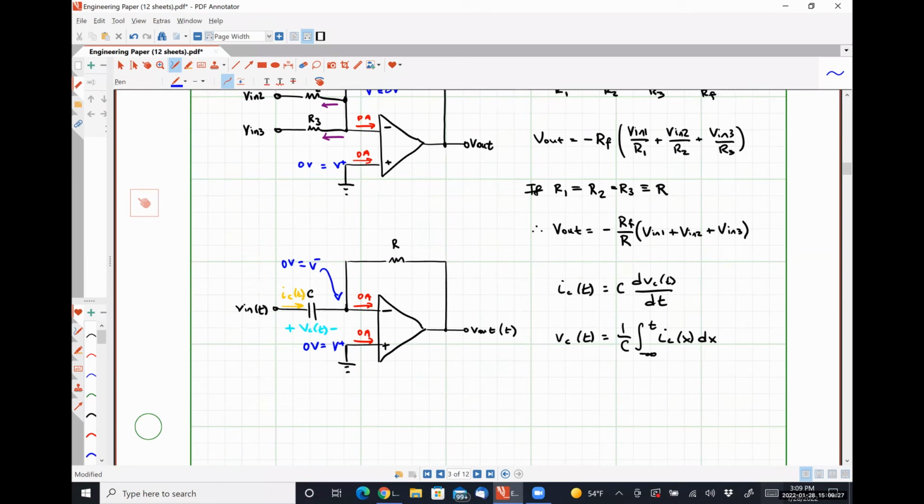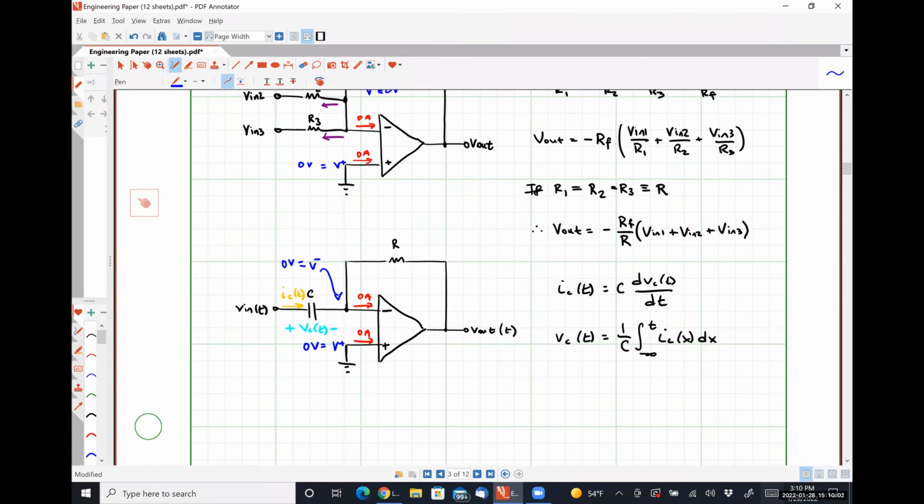How do the quantities Vc of t, the voltage drop across my capacitor, and Vn of t, the input signal applied to this system, relate? They're equal to each other, right? Vn, by definition, is the voltage drop between that input terminal and ground.